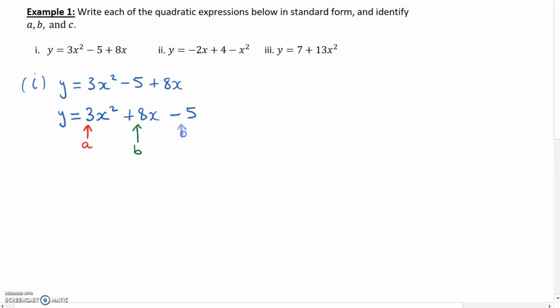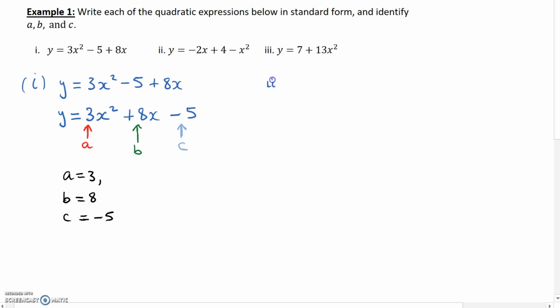Don't forget we have to include the sign of each term as well. So we would have a equals 3, b equals 8, plus 8 or 8, and c is equal to negative 5. If it's a negative, we have to make sure to include it. Okay, hopefully that was all right. Let's move on to number 2.